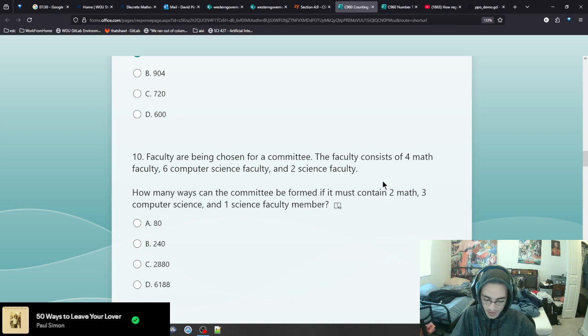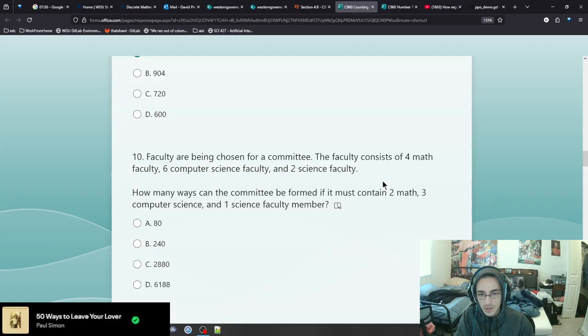Okay, I think I know what to do. I'm gonna represent this as the bins, and this time we're gonna have distinguishable balls in the bins. So we're gonna have committee.